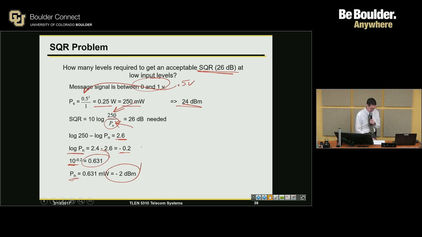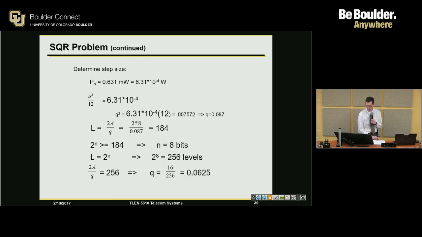Now I know that the noise power equals Q squared over 12. So now I can solve for Q. If I solve for Q, the Q squared gives me 0.007. I take the square root and I get that number.